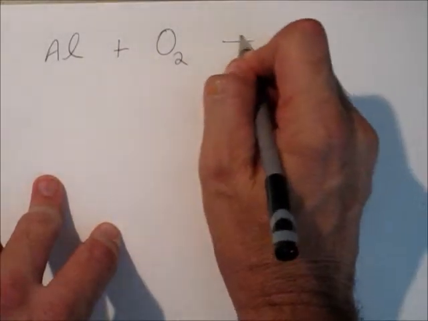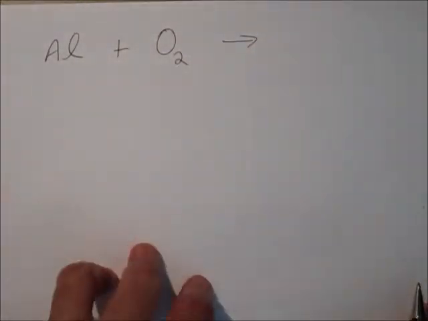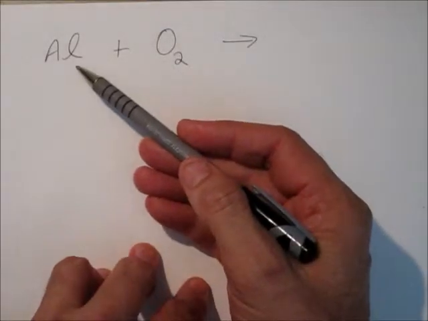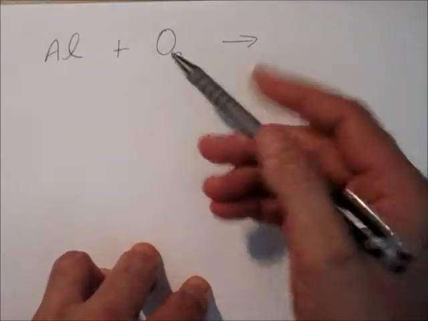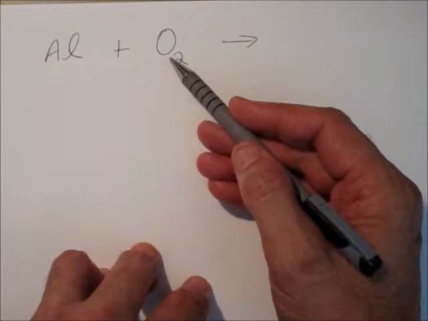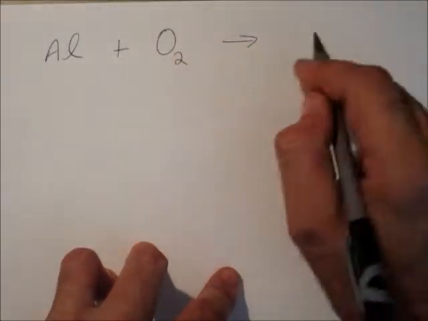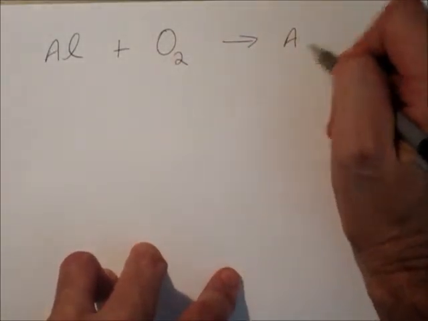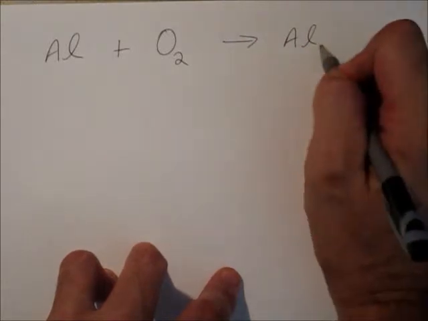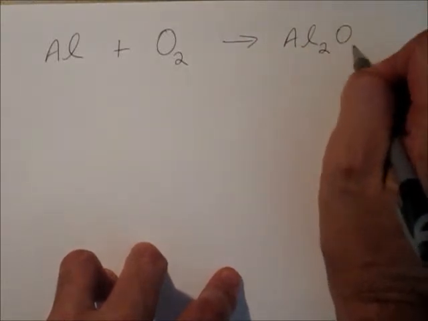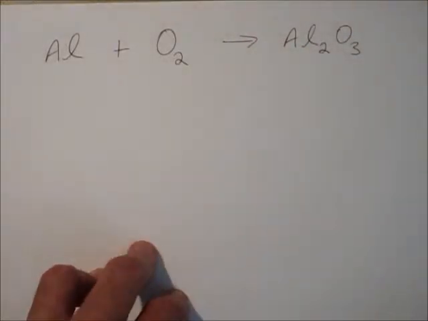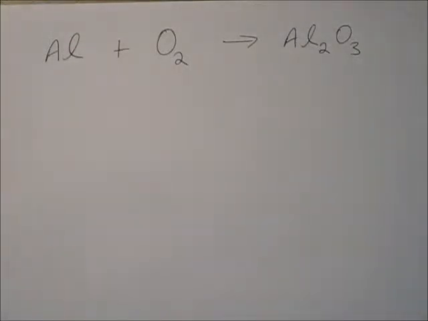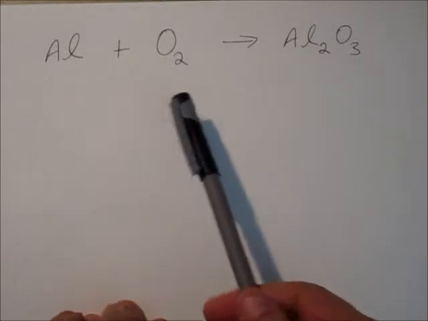What you end up with is aluminium oxide. Now, the valence of aluminium is 3 and the valence of oxygen is 2. So the formula for aluminium oxide is Al2O3.